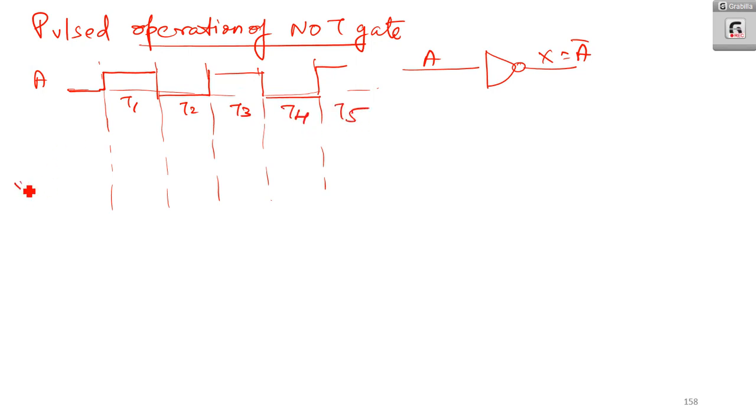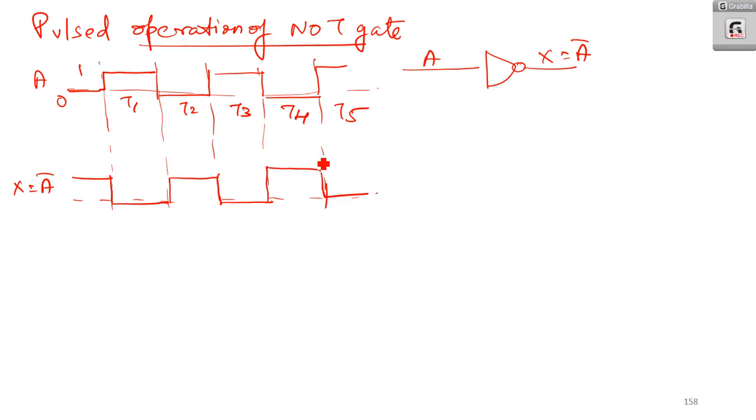So what is S? It's equal to A bar. So here what happens? Here this is logic 0, 1. 0 becomes 1. 1 becomes 0. This is 1. That becomes 0. Time instant 3, it becomes 0. 1, this becomes 0.